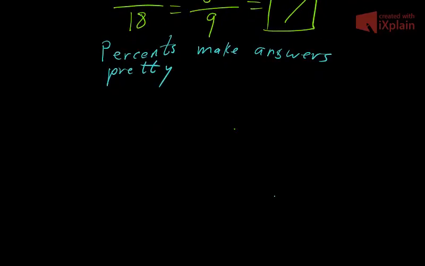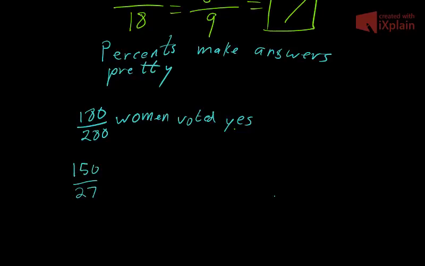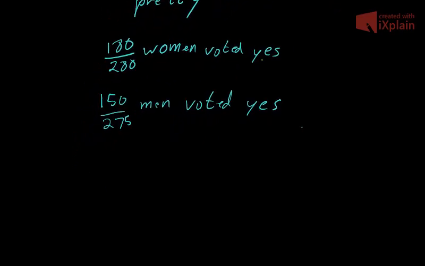So if I have something where 180 out of 280 women voted yes, and also at the same time 150 out of 275 men voted yes, there's a few different ways I can put this. So if I surveyed this many people, I can simplify these a little bit.